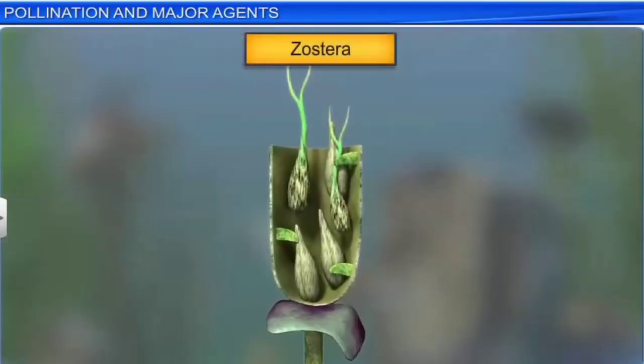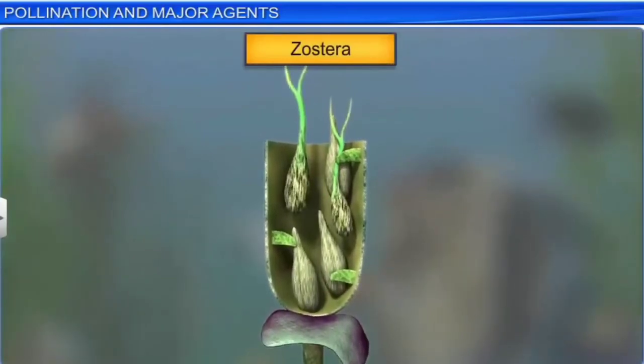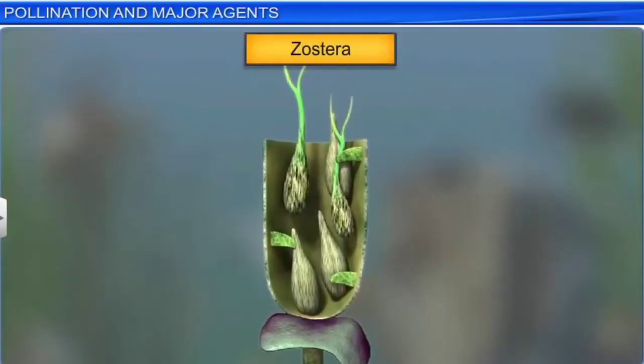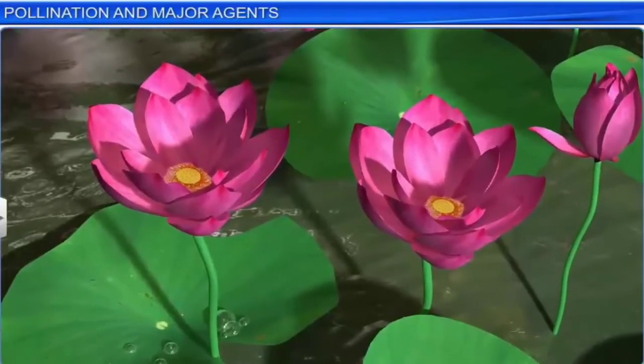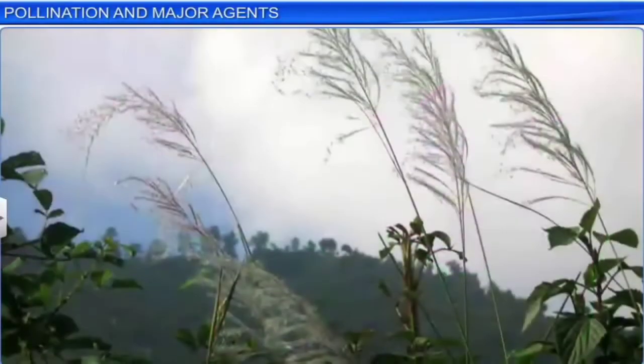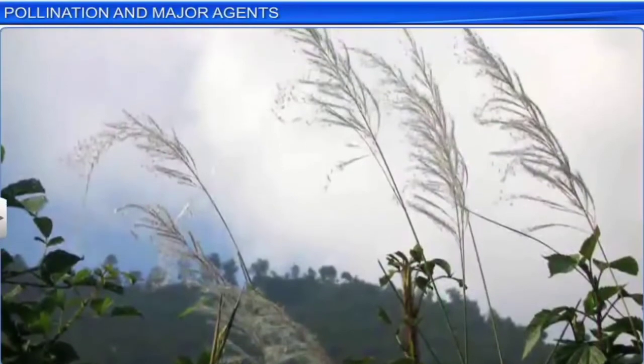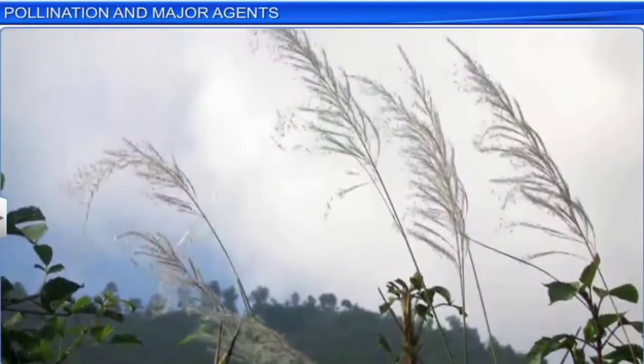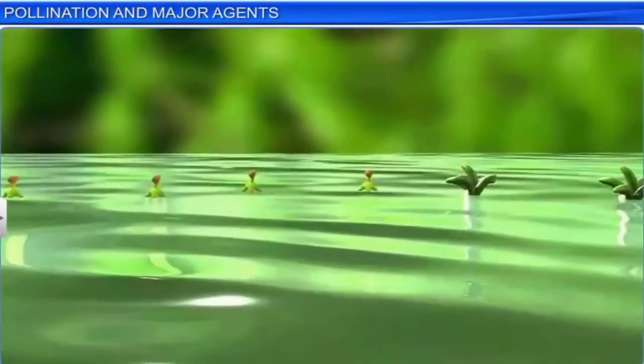The pollen released in water is carried by water currents towards the submerged stigma, and thus pollination is completed. Surprisingly, in aquatic plants, wind pollination, also called anemophily, is more widespread than water pollination.